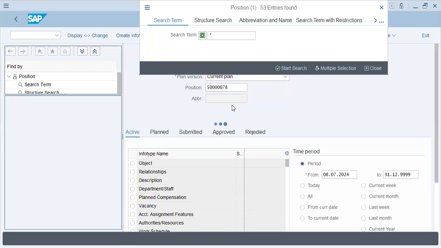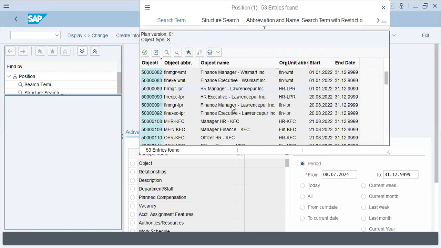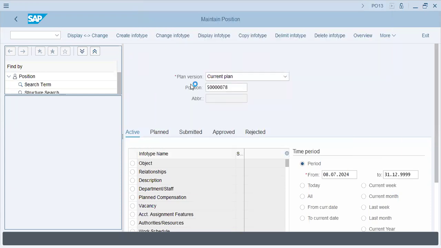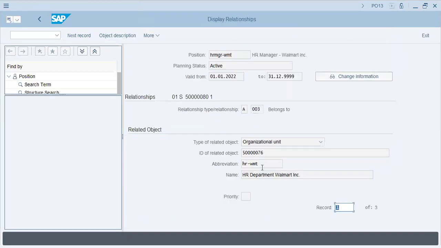A position is held by a person. Let's say Walmart HR manager. HR manager. Enter. And we have relationships maintained. So we'll just display its info type. Info types are the heart and soul of HCM.